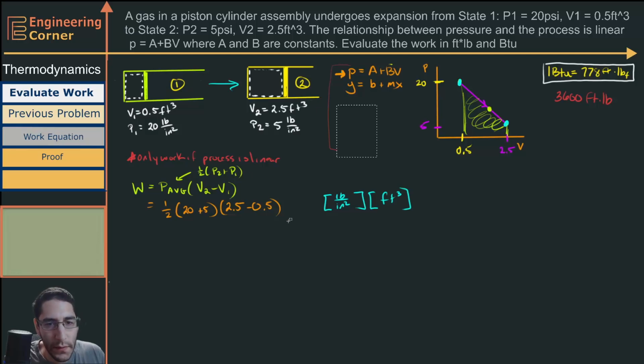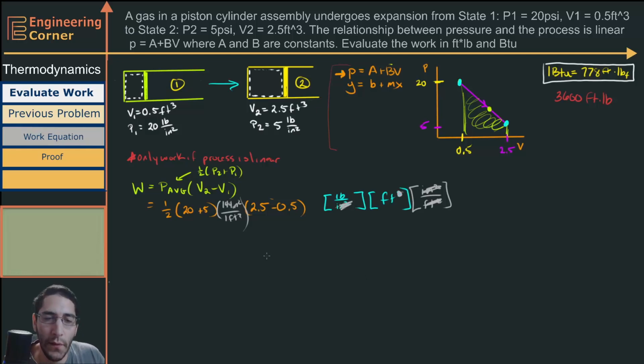So what we need to do is multiply by the conversion factor of 144 square inches equals 1 square foot. Then we have inch squared over feet squared. This goes away, 2 of the feet go away, and we're left with a foot-pound.